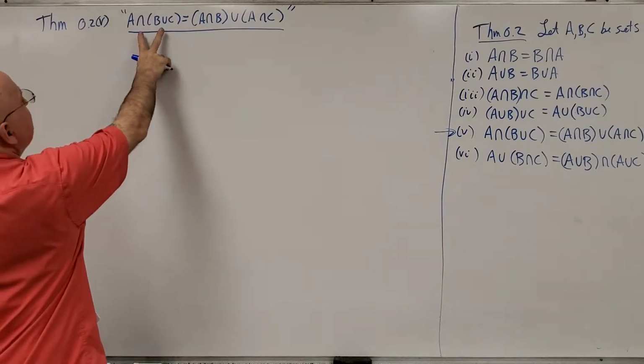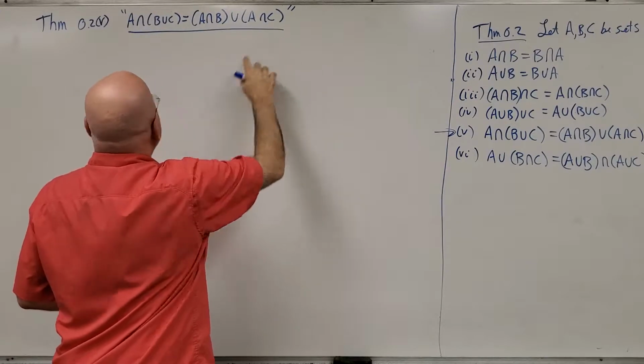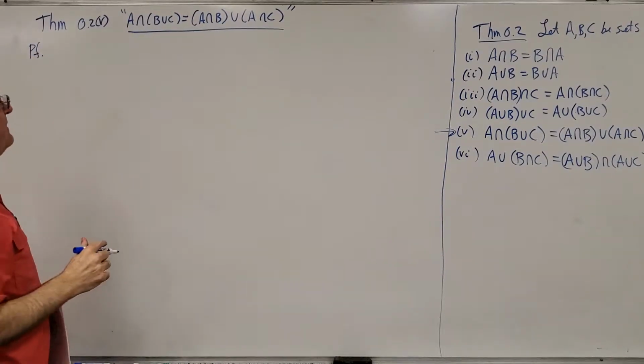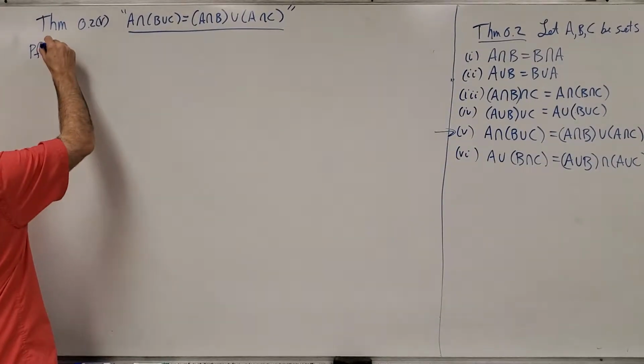Okay, so I need to prove that this set on the left-hand side is equal to this set on the right-hand side. And remember how we do that? I'm going to describe how we're going to make that proof happen.